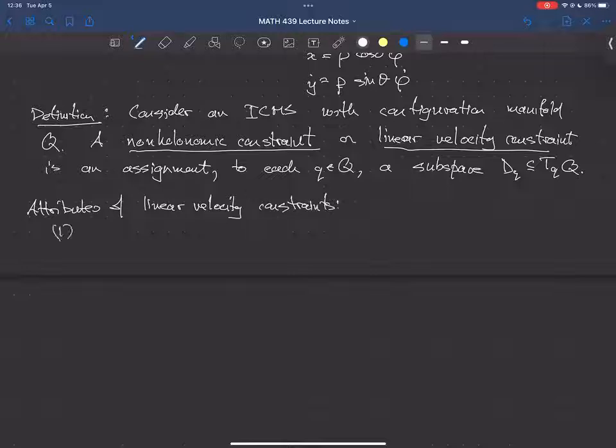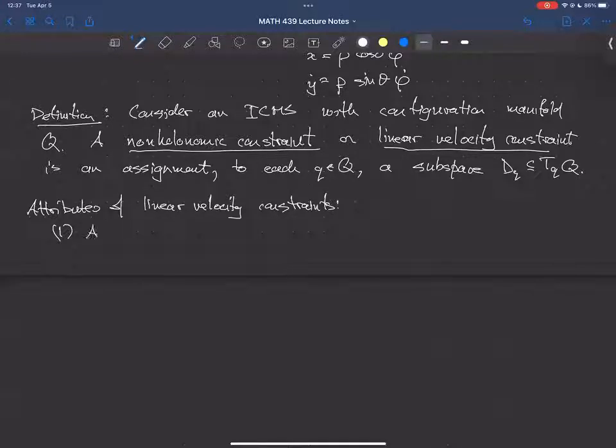All right, so the first thing that you may want, the first property you might want a linear velocity constraint to have, is that these subspaces should fit together in a nice way. Okay, so there should be some kind of smoothness.